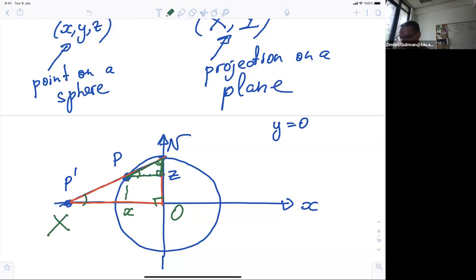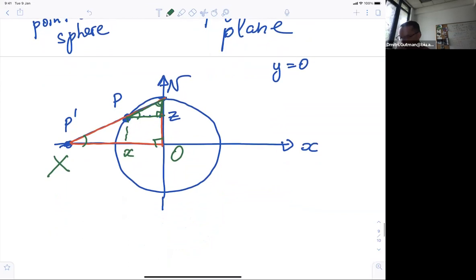I think I have all the points I need, and then I have a relation: O to X, or O to X capital. Let's give a name to this point.